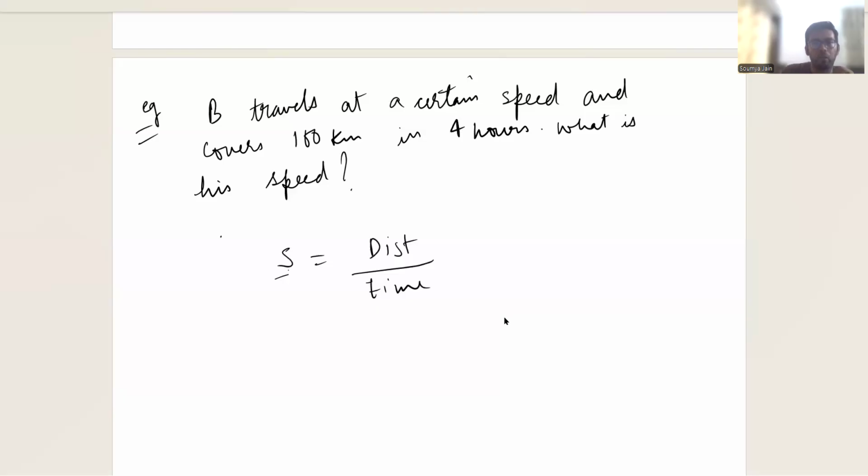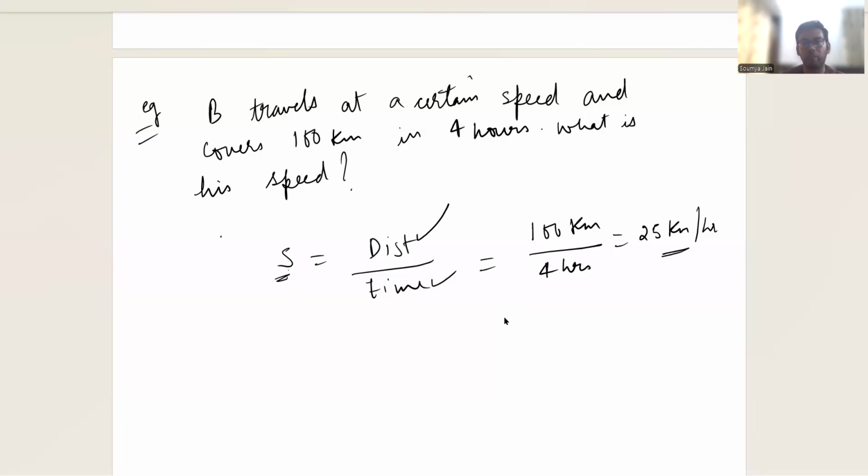This we have to find out. We are given this, we are given this. So by putting in the values, we see 100 kilometers by 4 hours. So we get 25 kilometers per hour. So this is the speed at which this person is traveling.